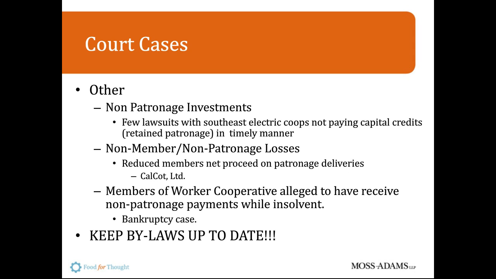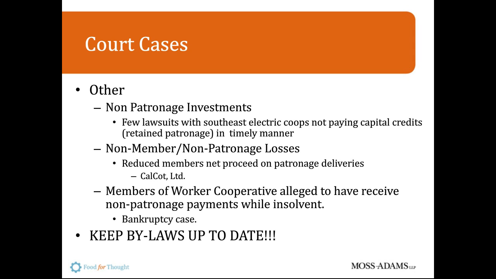But if we go out and use that cash to invest in non-patronage activities that don't benefit the members, there's plenty of potential for those members to raise questions and, in this particular case, start some court cases to demand that the co-op redeem those prior credits. Similar situation with Calcot.